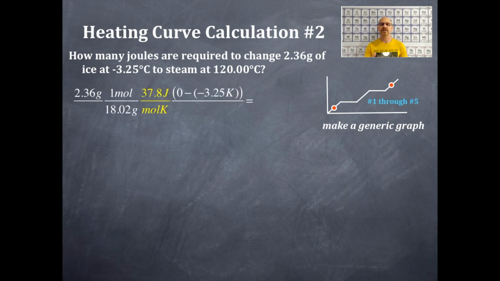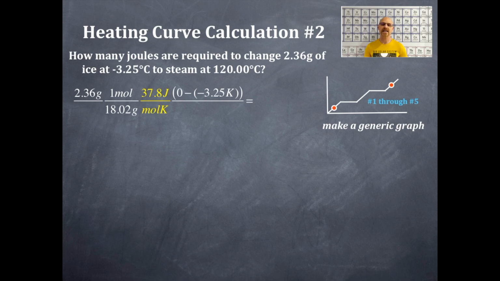Here we go. That's 2.36 grams that we're starting off with on the left-hand side. Then to cancel out units, we need grams in the denominator, and that 18.01 is the molar mass for H2O, water, equal to 1 mole in the numerator. Then in the yellow here, what drives step number 1 is the constant, which is 37.8 joules per mole Kelvin.